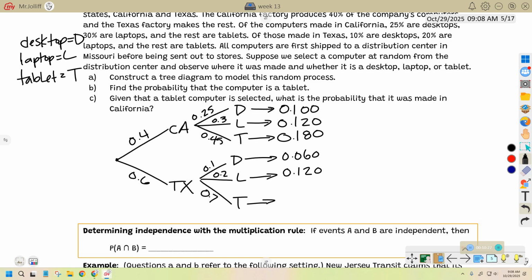And then 0.6 times 0.7 is 0.42. Nice, pretty numbers.